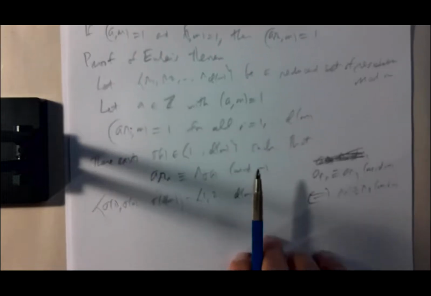Because for every I, you get a sigma of I, and the A R sub I are different elements of this set. So this is just the set of all numbers from 1 up to phi of M. Sigma is just some permutation of 1 up to phi of M.